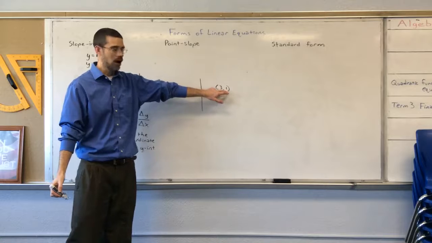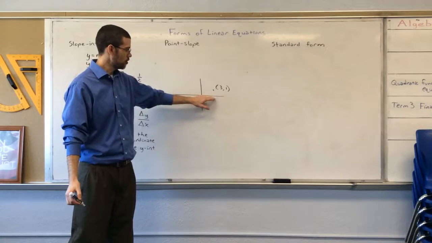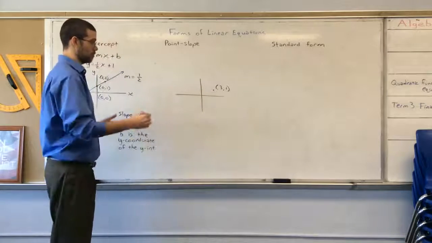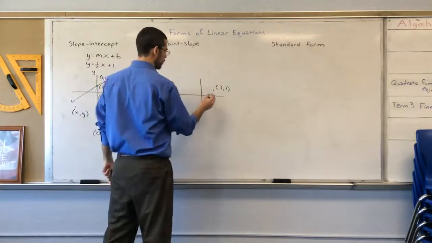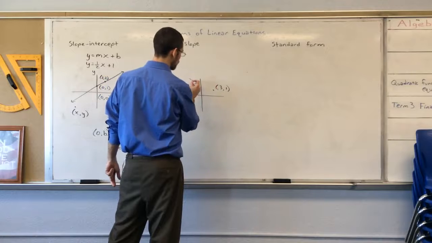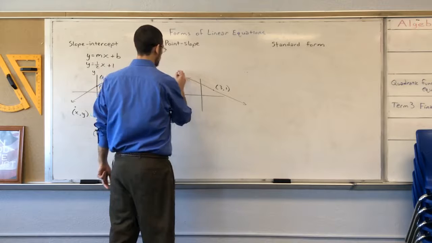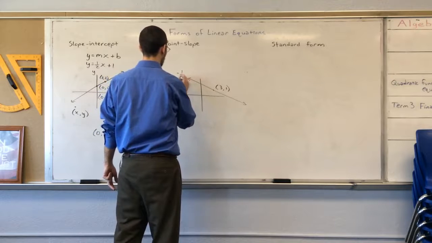So 3 units over to the right, 1 unit up, and we're at that point. Let's say we know our slope is -1/3.